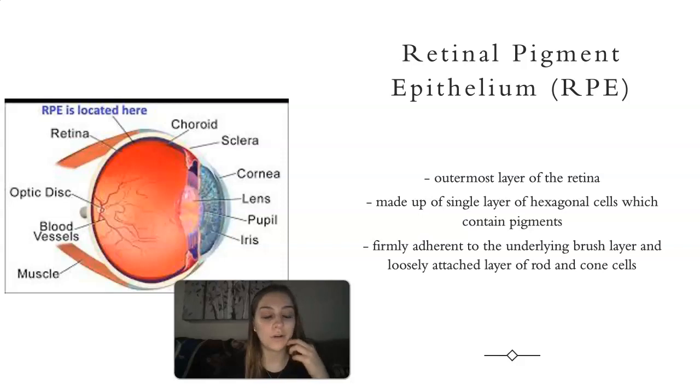This RPE has very important functions. It's usually to transport nutrients and ions in water, and also to protect against photooxidation.